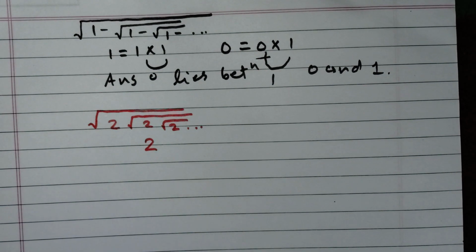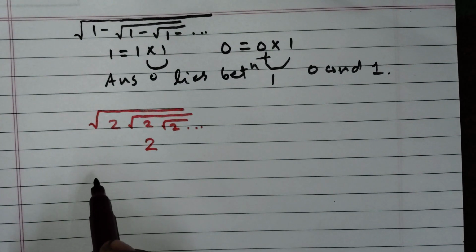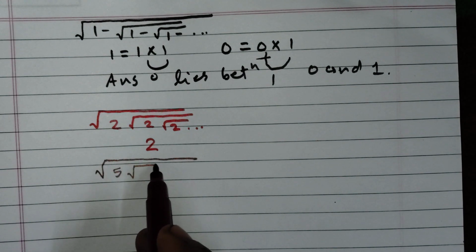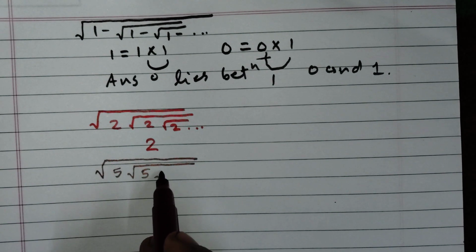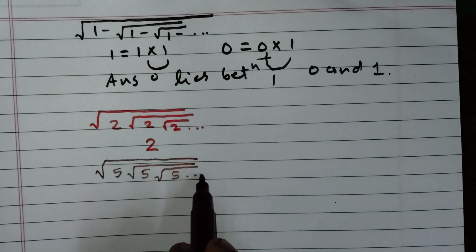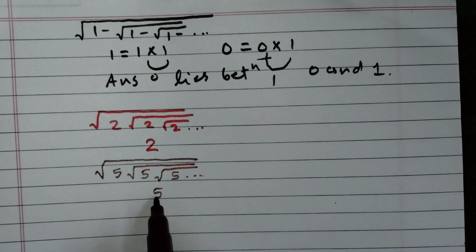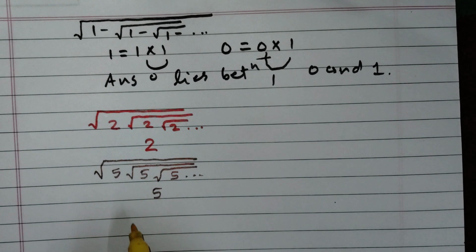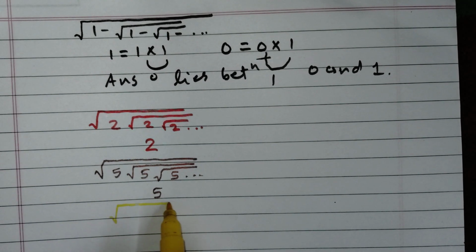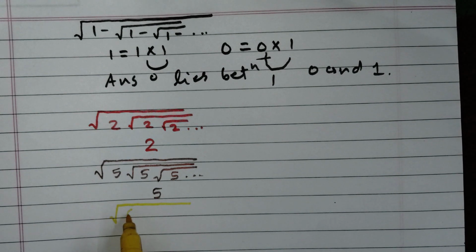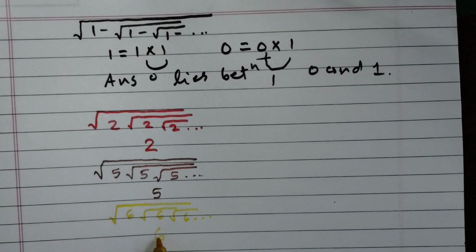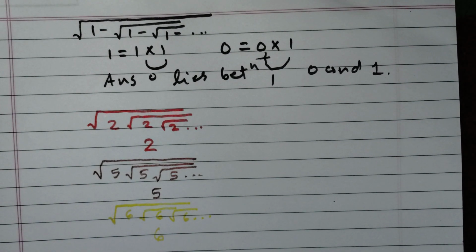If the number is not 2, suppose 5, then square root 5, square root 5, dot dot dot, its answer is 5. Similarly, square root 6, square root 6, square root 6, dot dot dot, its answer is 6.